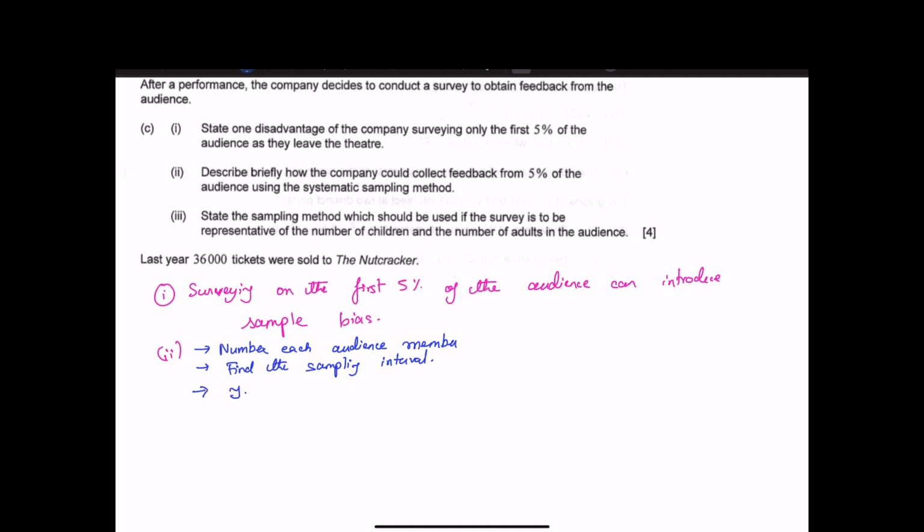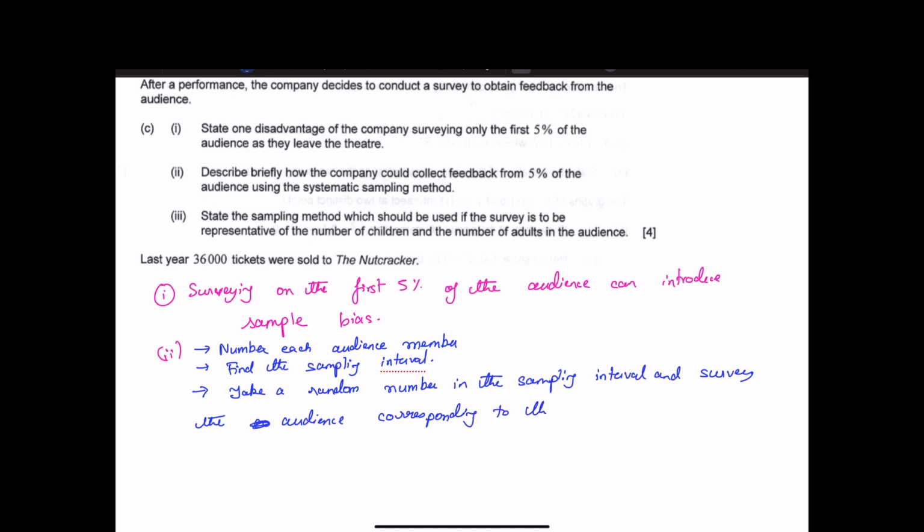After that, we have to take a random number in the sampling interval and survey the audience member corresponding to the random number chosen. This will be a systematic sampling method.